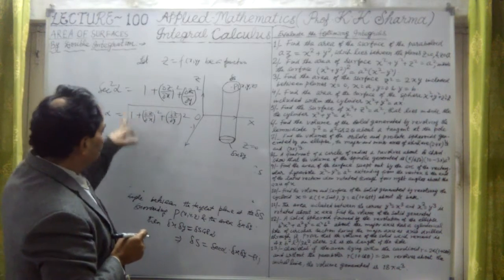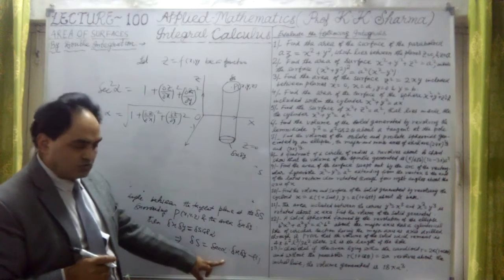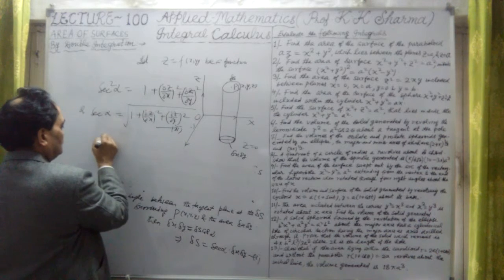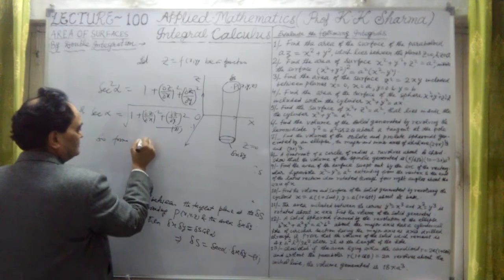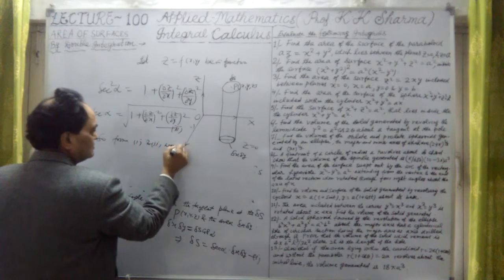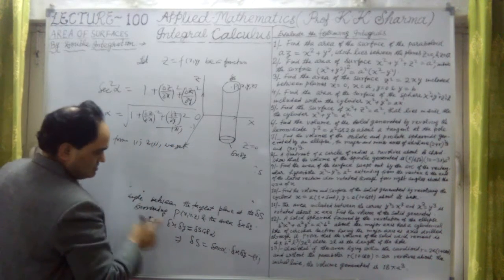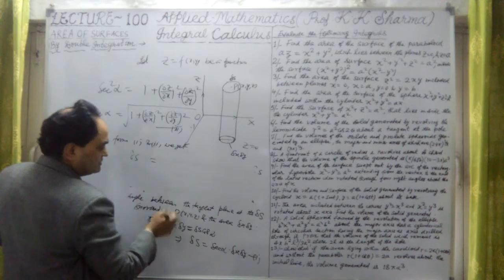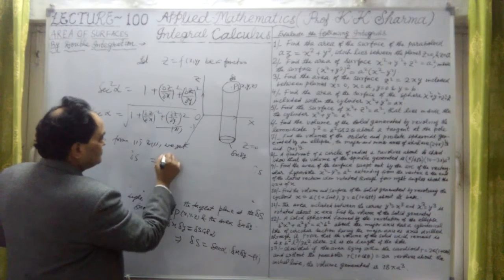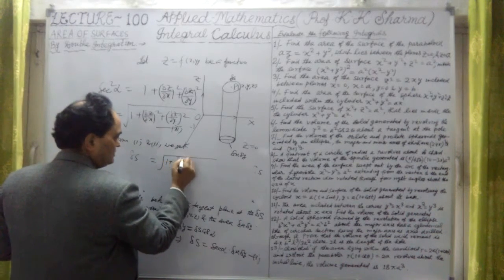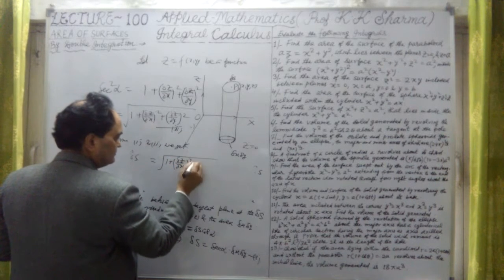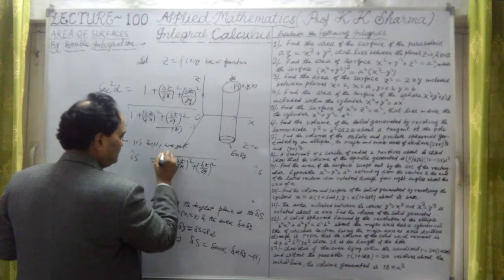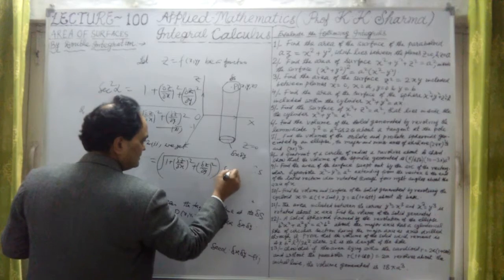Now if I substitute this value of secant alpha in the first equation, taking this as the second equation, from the first and second we get delta S, the small area, equal to the square root of 1 plus partial z upon partial x whole square plus partial z upon partial y whole square, times delta x delta y.